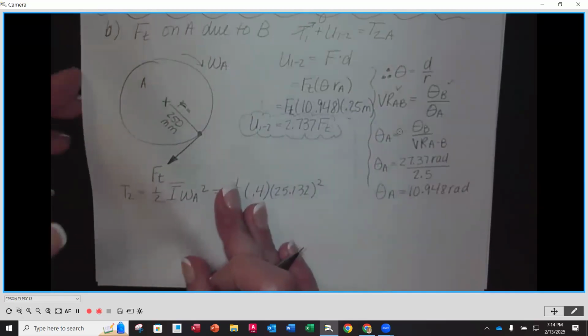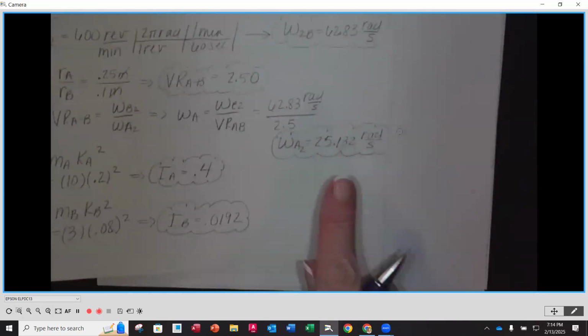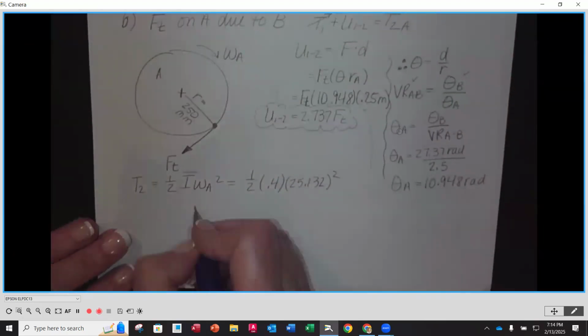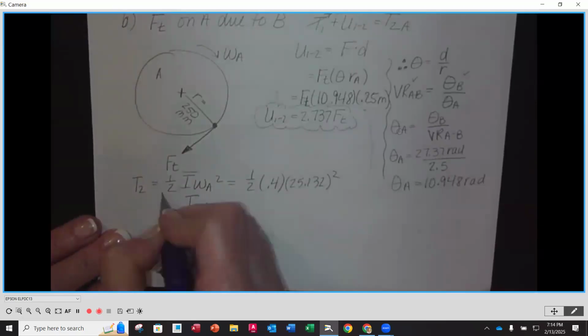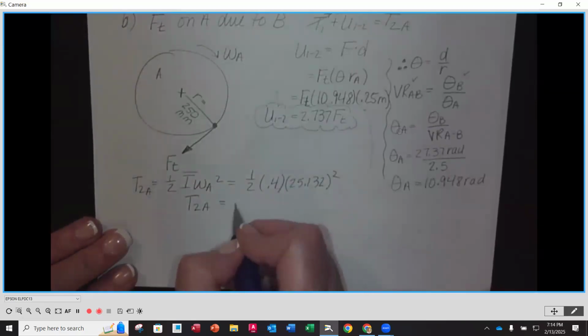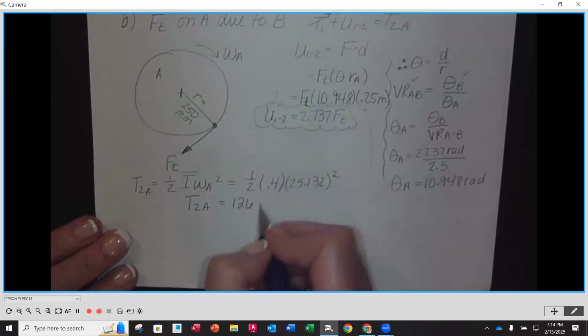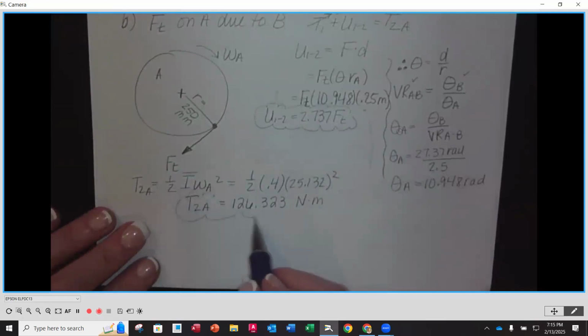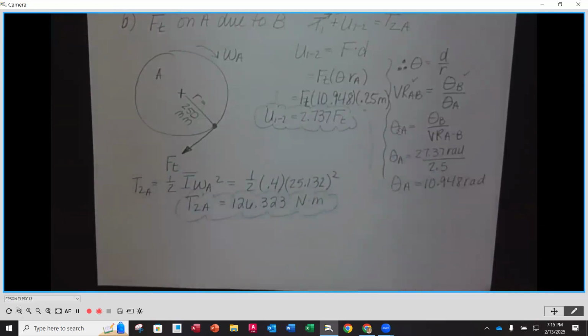That's radians per second, from the first page. So our T2A is equal to 126.323. And that's Newton meters, just so you know. It's not a final answer, so you don't necessarily have to put that in there.